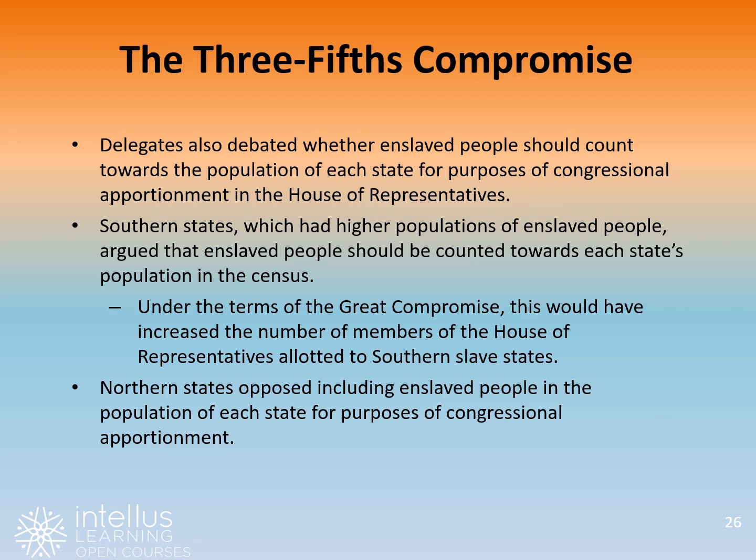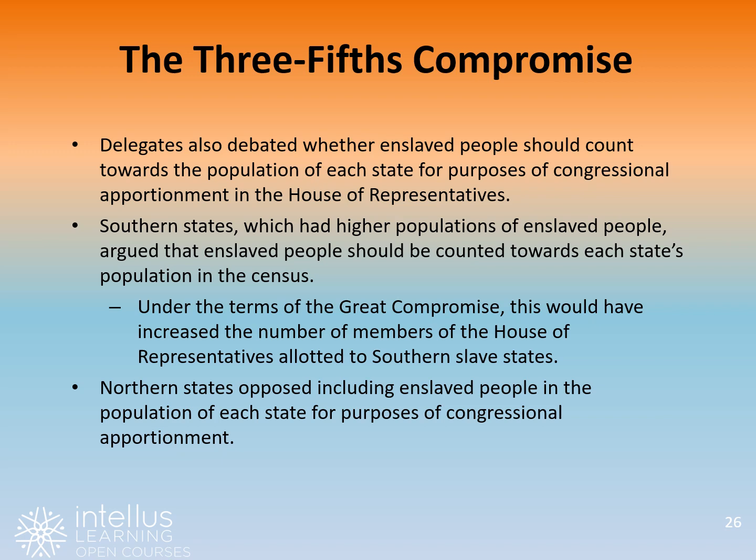Therefore, we had to make another compromise. And this time, it was how are slaves going to be counted in a state's population? So the delegates also debated whether slaves should be counted toward the population of each state for the purposes of congressional apportionment. Southern states, which had higher populations of enslaved people, argued that slaves should count as 1-to-1 for each state's population.